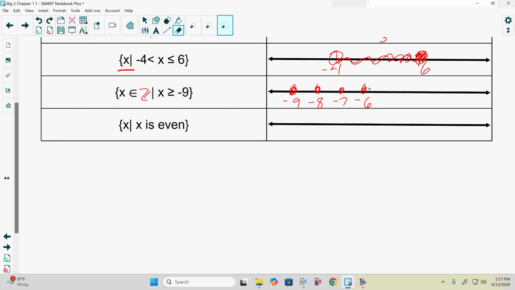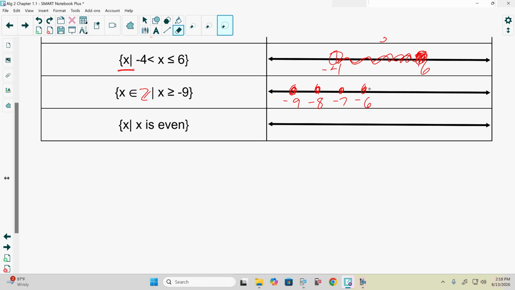We're talking about everything in between that whole number line, whatever's included. Graphing the last one's also kind of a trick too, because we're just graphing points. We're graphing just the even numbers, because it says the set of all real numbers x such that x is even. So it's just going to be a whole lot of points.